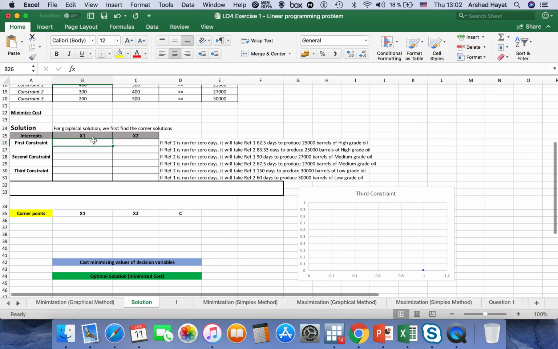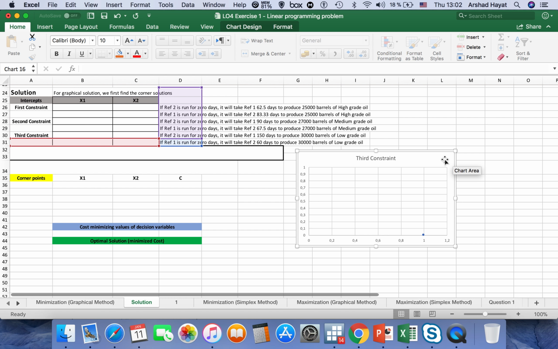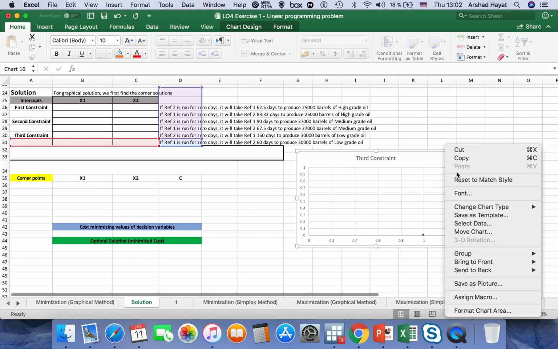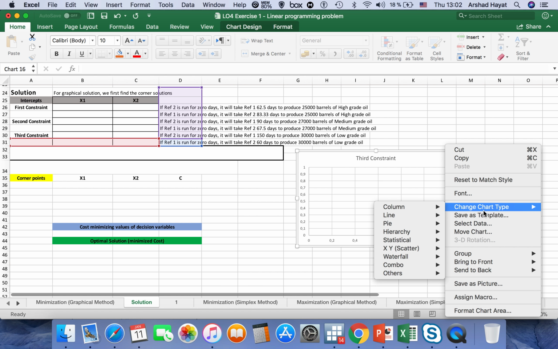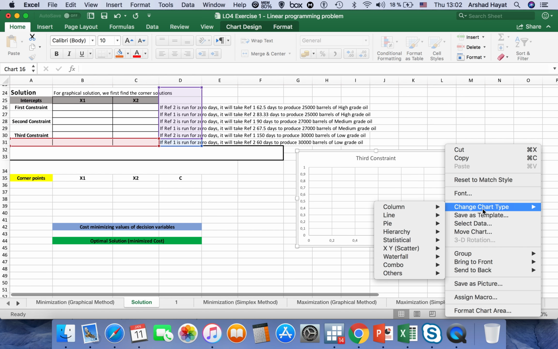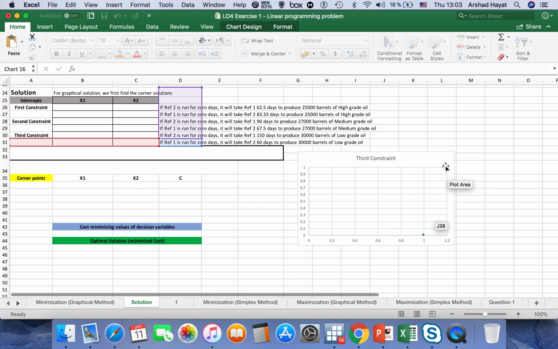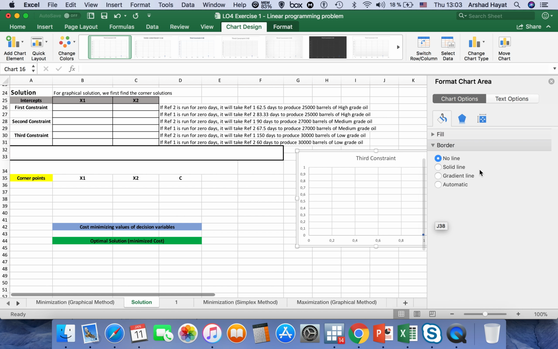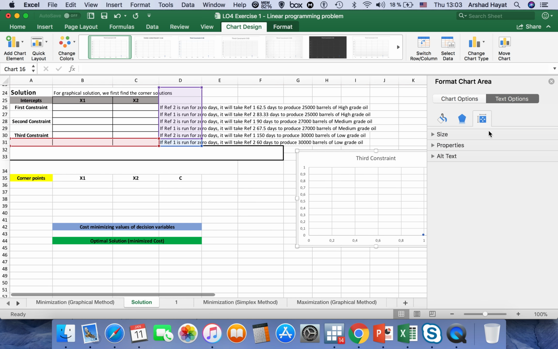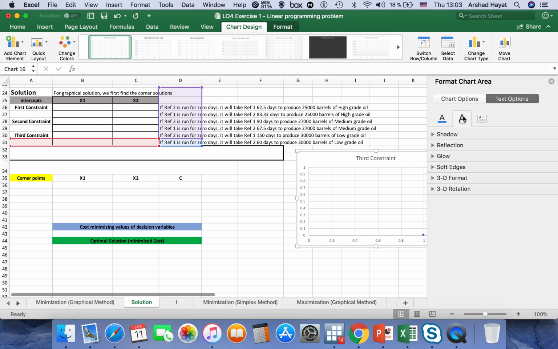By corner solution here we mean, let's say this is x1 and this is x2, we can add these names to the horizontal and vertical axis somewhere here.